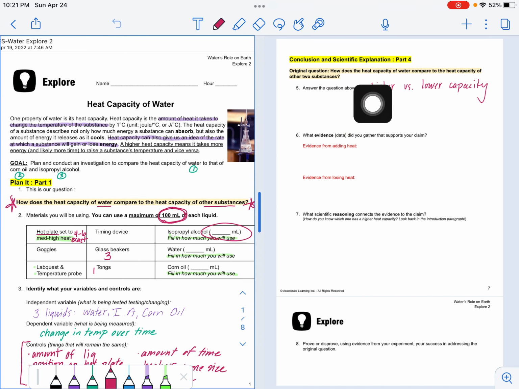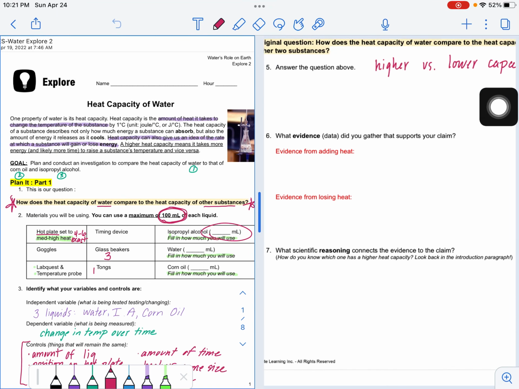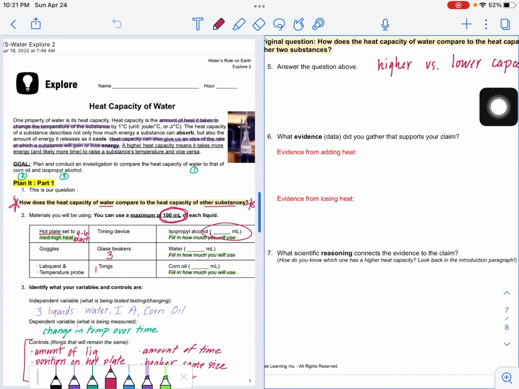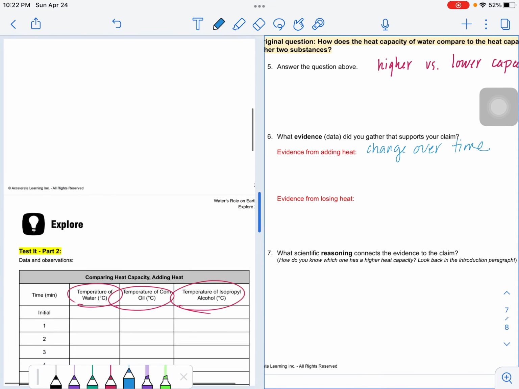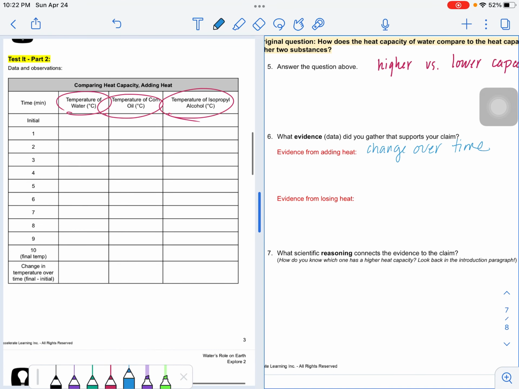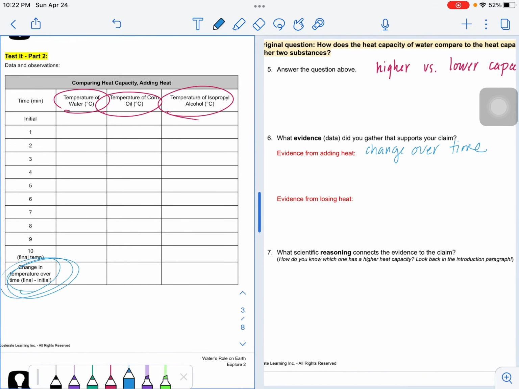So this is your general statement, which one is higher versus lower, and then this is the data. What information gave you that answer? So when you're thinking about your evidence, what you should be pulling in is your change over time. So again, going halvesies with your data, you're going to be plugging in this information.